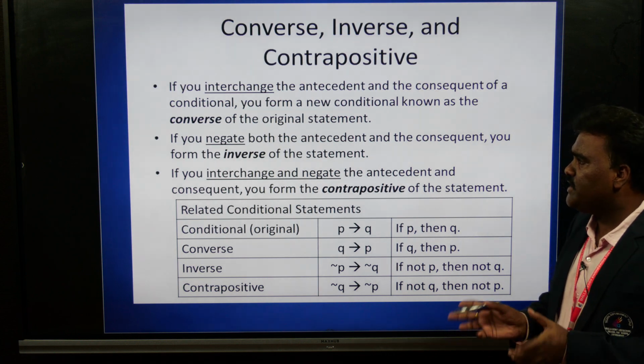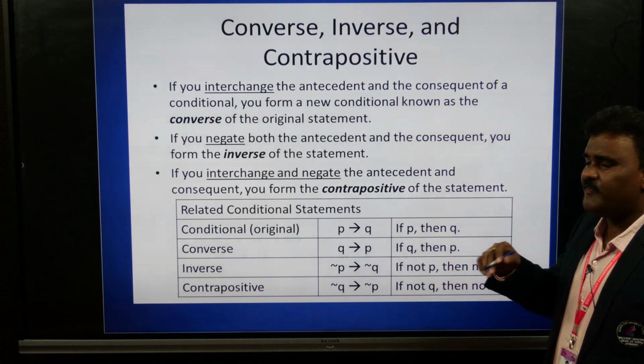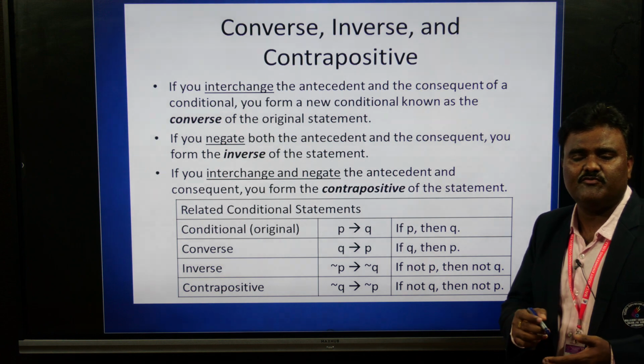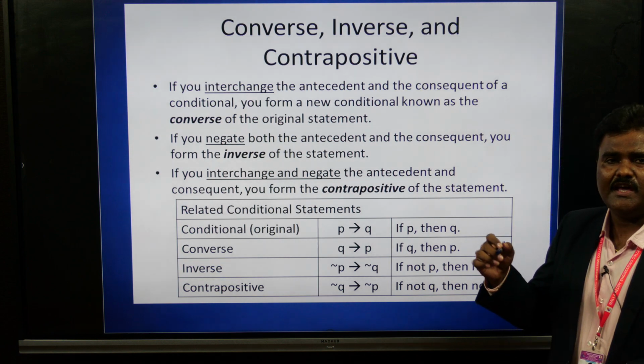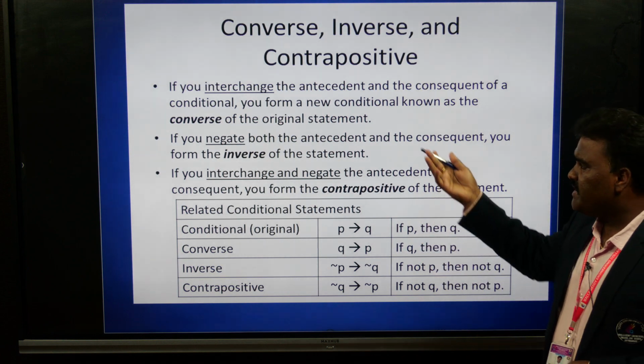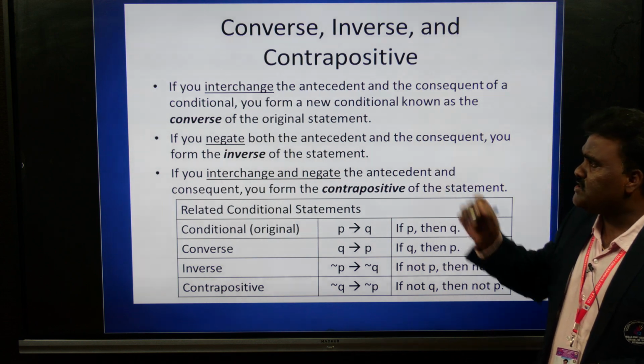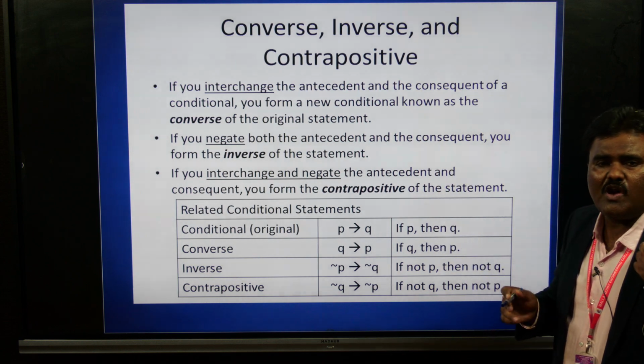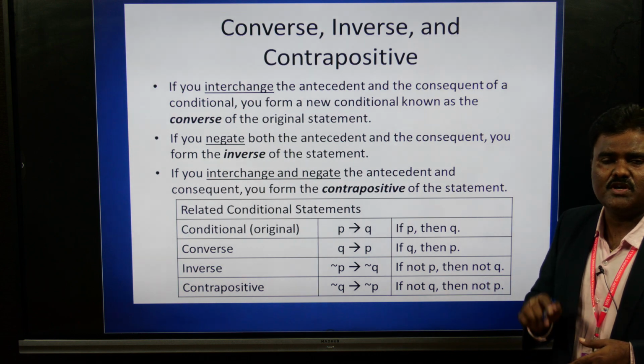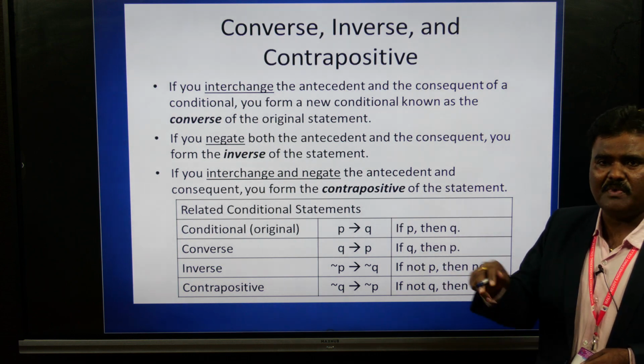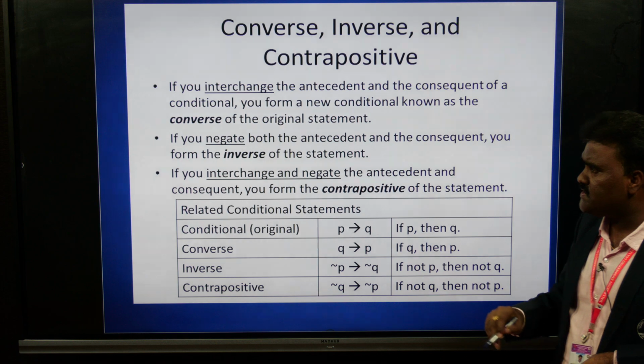For example, P implies Q becomes negation P implies negation Q, and that is the inverse. For the converse, we interchange the values: P implies Q becomes Q implies P. Such statements are called the converse.